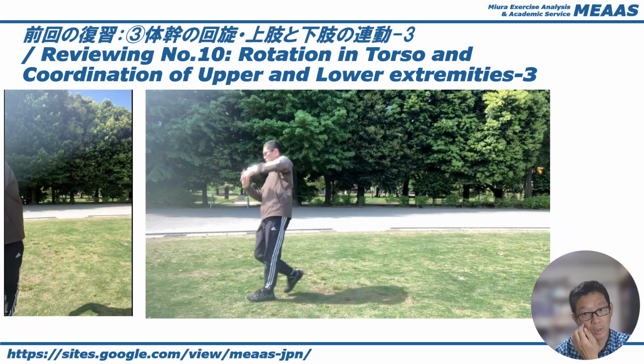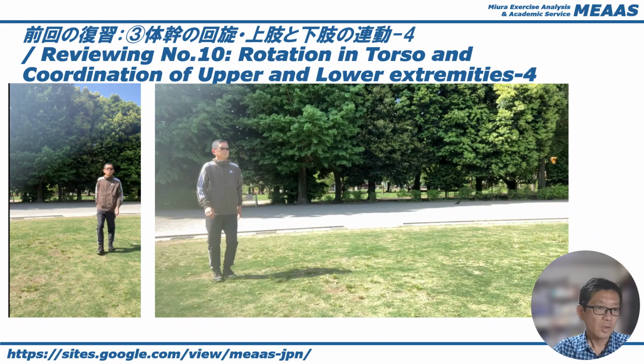So if an athlete has a problem with the straight leg and the problem of bending, they should return to this basic technique, and they can modify the problem of bending.